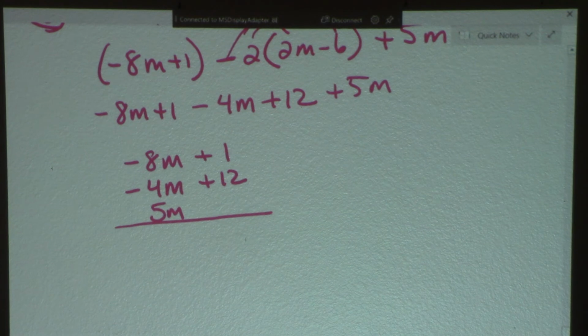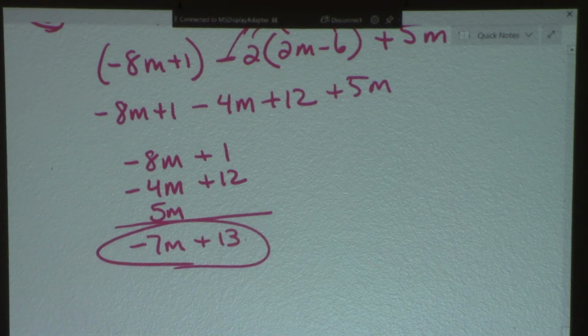So when I add all these together, negative 8 and negative 4 is negative 12. So I have negative 12 and 5, a negative and a positive term. So I end up subtracting and I get negative 7m, and then 1 plus 12 is 13. So that's my new answer.